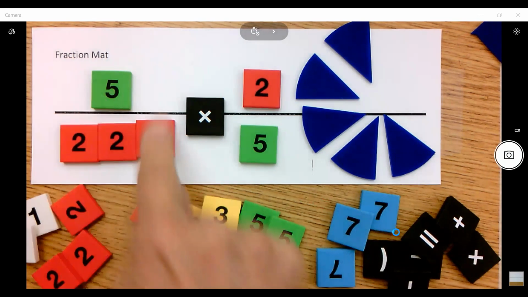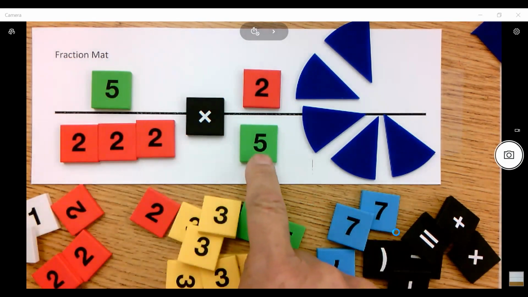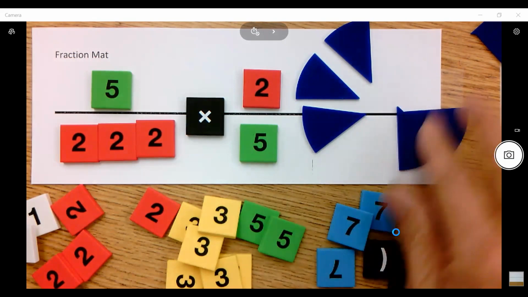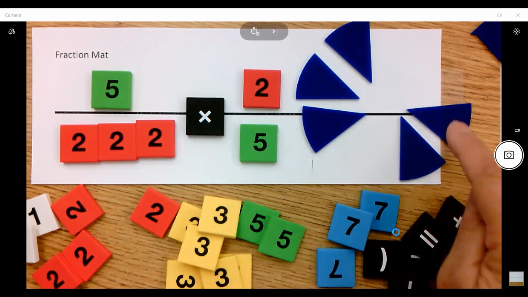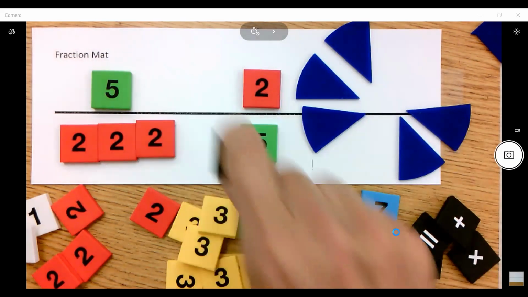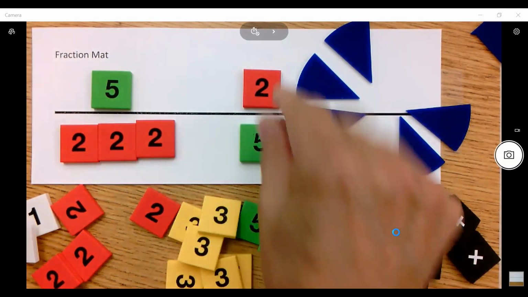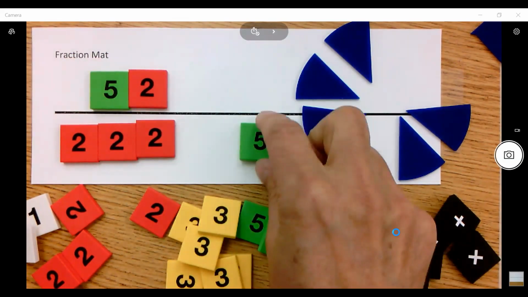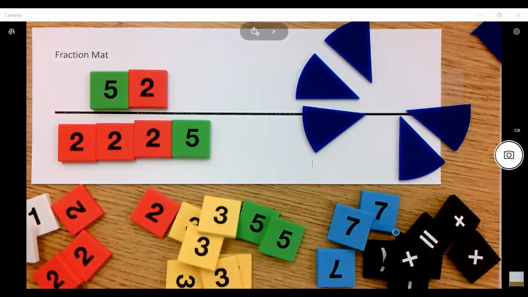I divide my 5/8 into 5 equal parts, and I want 2 of those 5 parts. So my solution should be right here, 2/8. Well, with prime factor tiles, I show multiplication of fractions by just sliding the factors in the numerators together, sliding the factors in the denominators together.